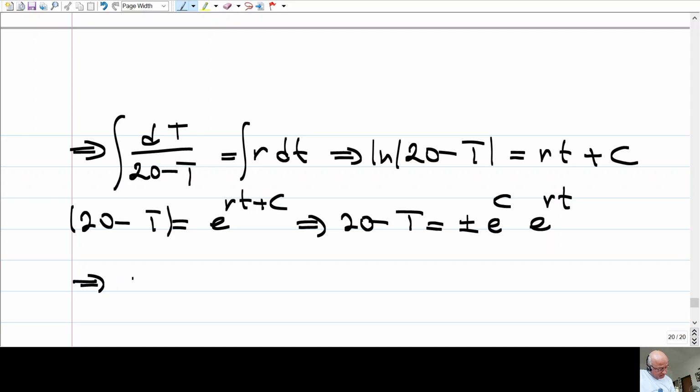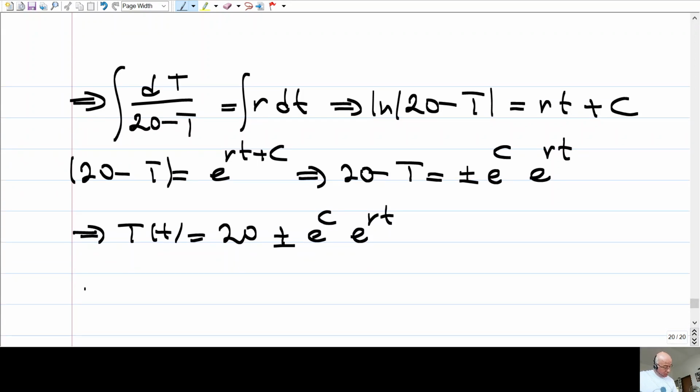And from this again, T is equal to 20 minus, plus or minus, e to the power c times e to the power rt. e to the power c is a positive number, but you have both signs in front of it. Therefore, I can just write it as follows: 20 plus constant times e to the power rt.